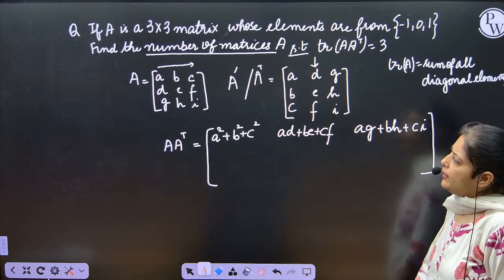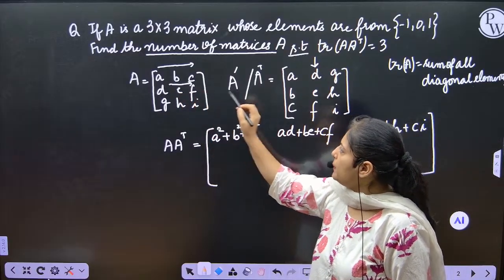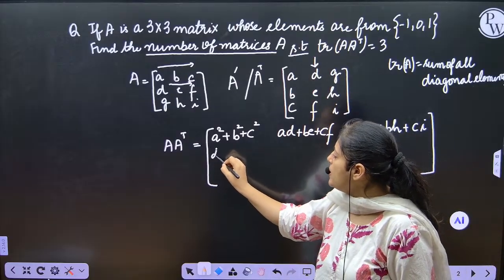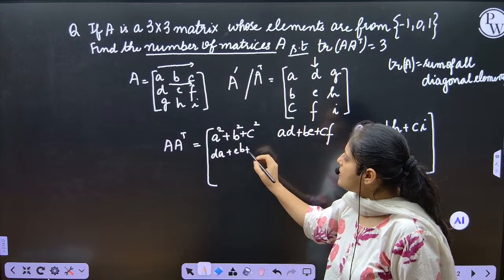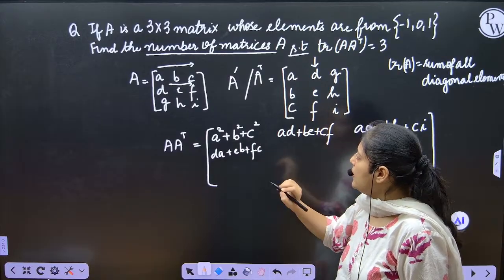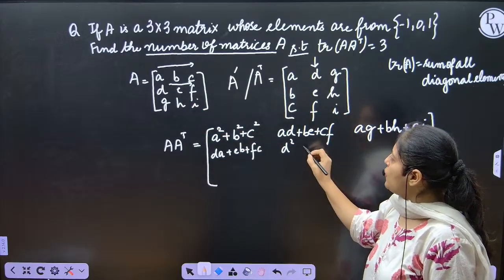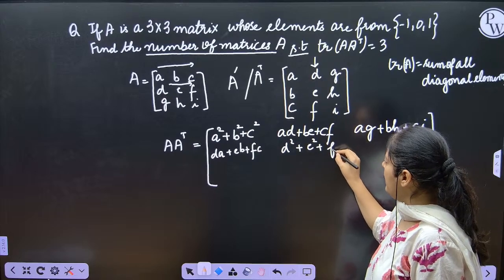Now the second row will be multiplying with the first, second and third columns. So DA plus EB plus FC. This will become second row, second column: D into D, D square, E square, F square.